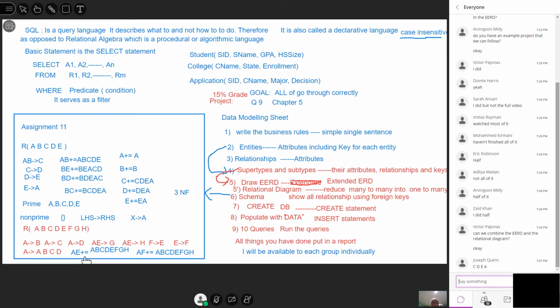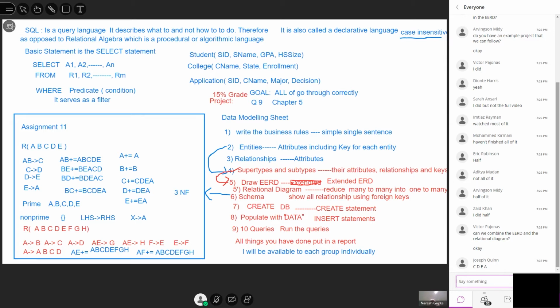Now we just have to show the closure of E and F. What's the closure of E? It's just EF. And what's the closure of F? FE. Right?